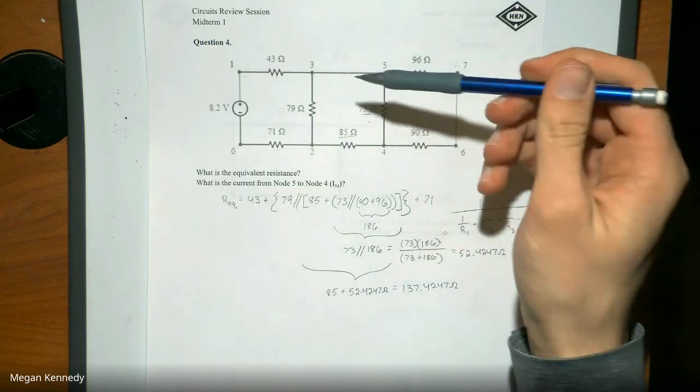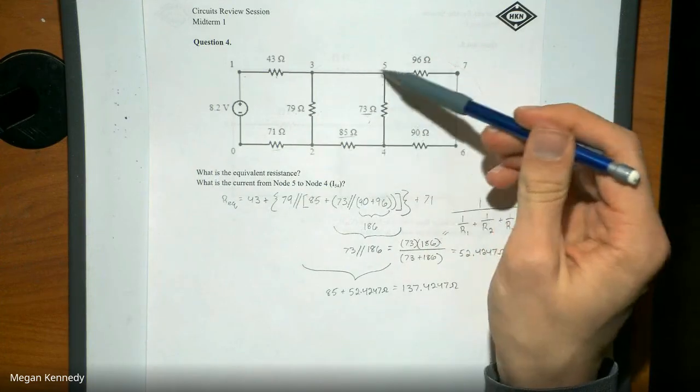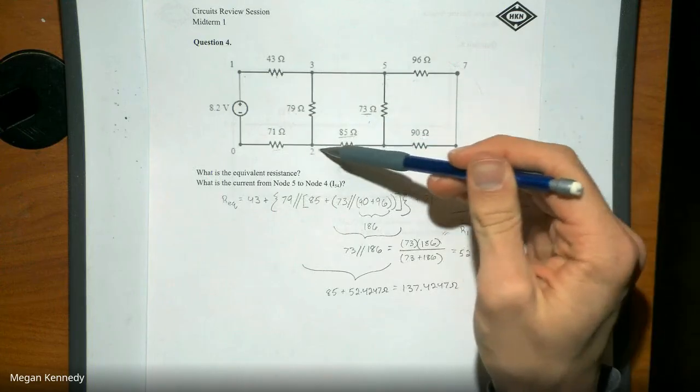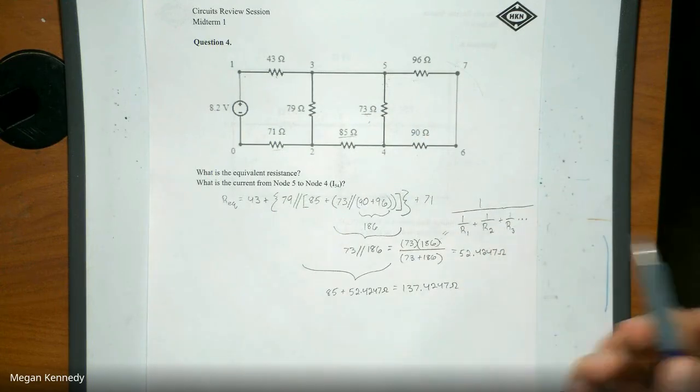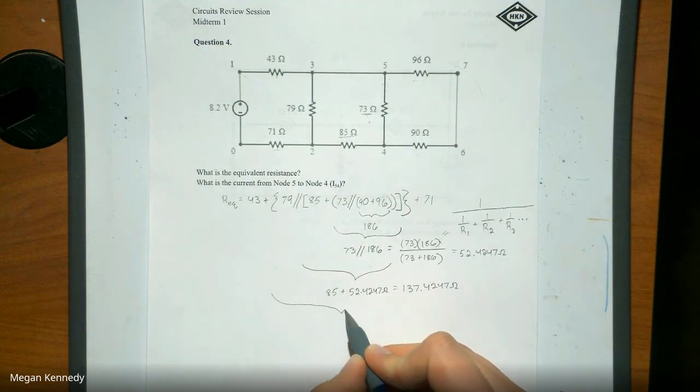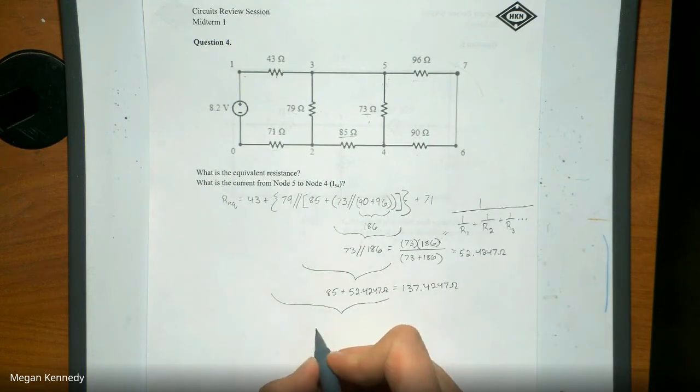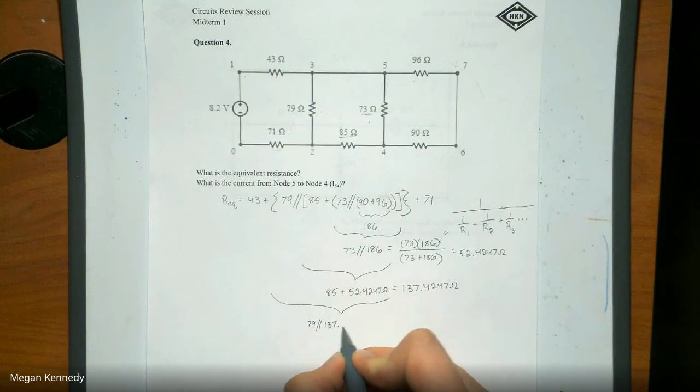Now we know what the resistance between 5 and 2 is, or you can say 3 and 2 along this leg. So again, breaking it down, in that parallel, we have 79 in parallel with that 137 ohm resistor.